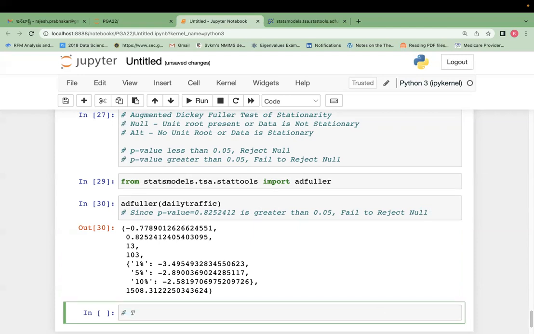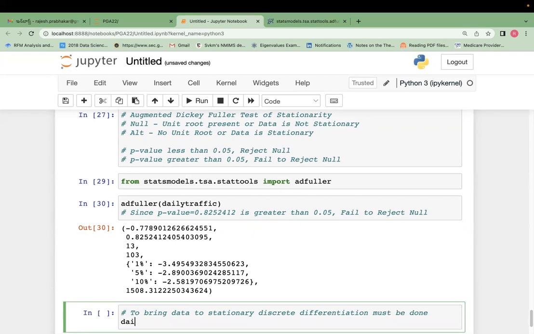So to bring data to stationary, discrete differentiation must be done. Daily traffic diff is equal to daily traffic dot diff.